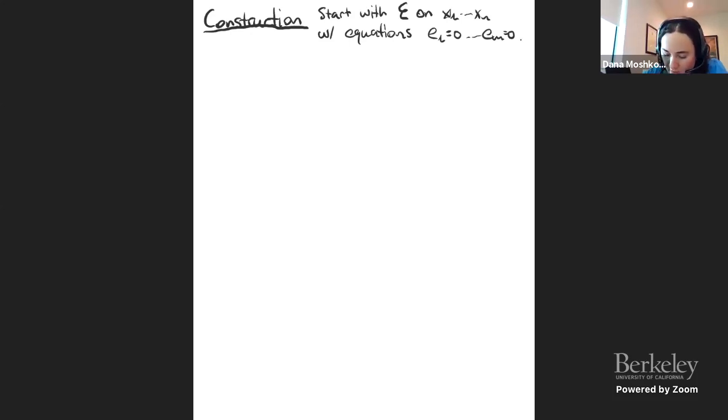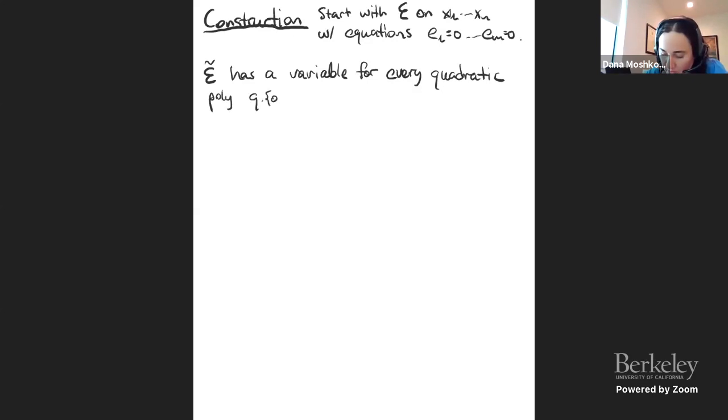Okay, so E tilde has a variable for every quadratic polynomial Q that takes {0,1}^n to {0,1}.